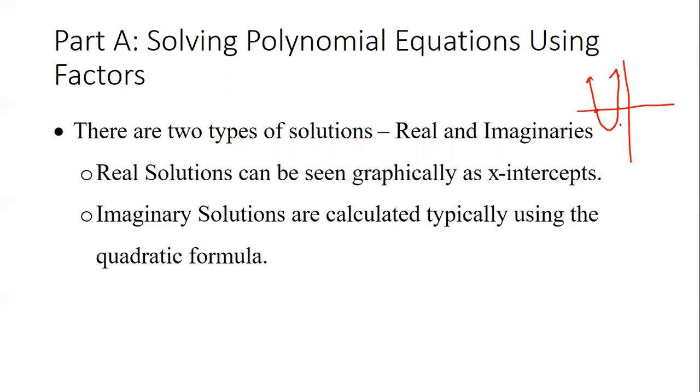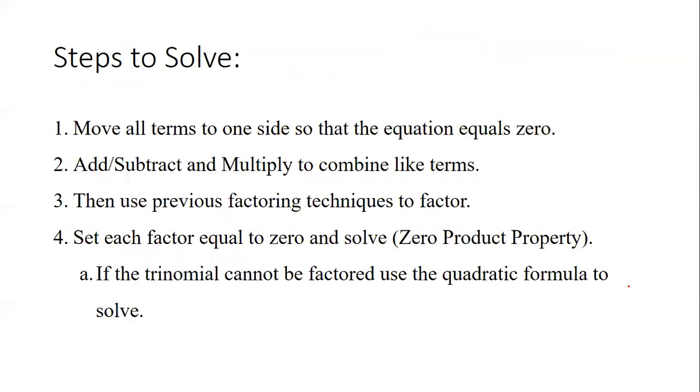These are real solutions. My imaginary solutions mean that my graph doesn't ever touch the x-axis. They're floating. They do not cross the x-axis. That's why you can't just look at a graph and calculate the imaginary solution. Make sense?